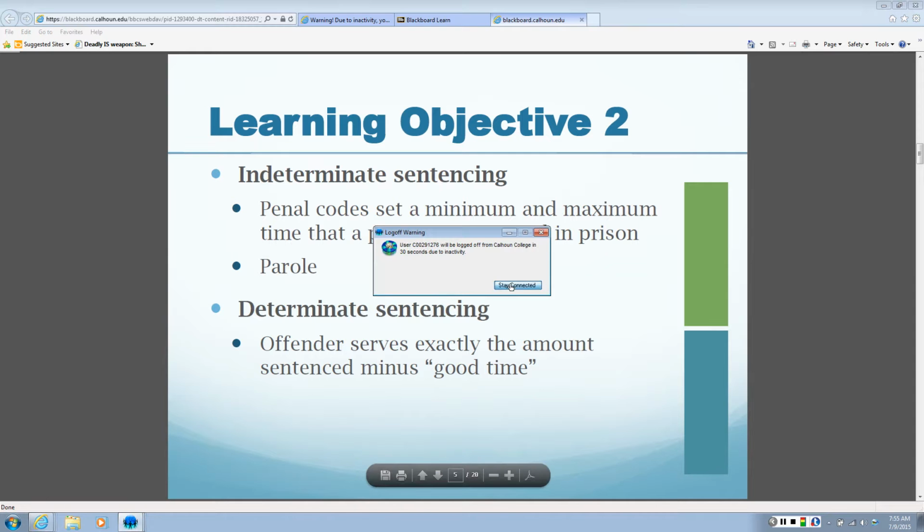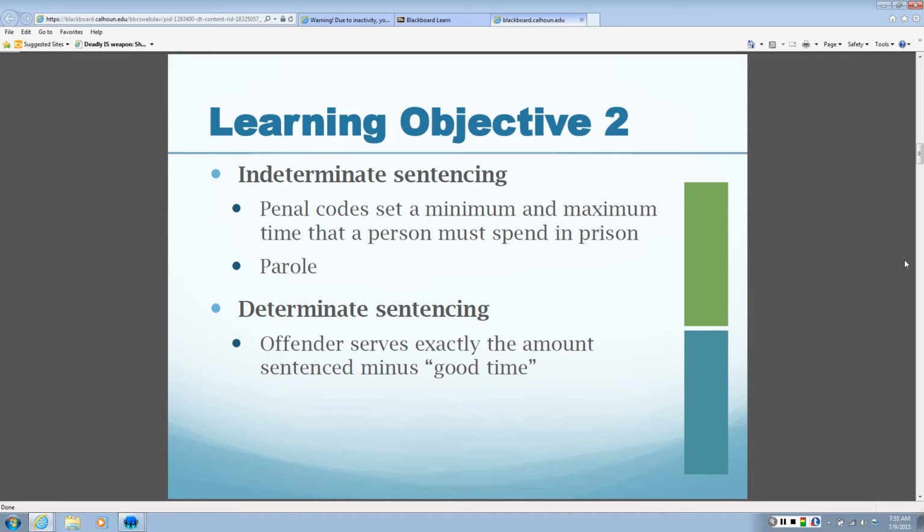So that's really interesting to me, how they figure that out, that you can serve a year and a half on 10 years, and they consider that punishment. In my honest opinion, that's not necessarily justice being served. Although if you're the inmate, then a 10-year sentence doesn't really mean anything to you. You can go in and do a little over a year, and everything's good. So keep that in mind.